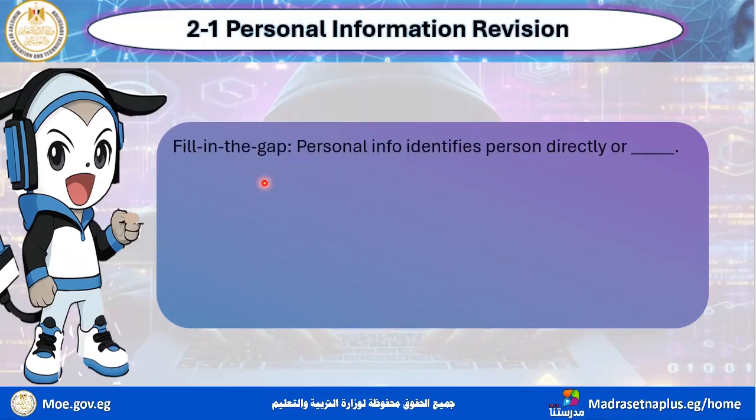Fill in the gap. Personal information identifies a person directly or indirectly. So, personal information identifies a person directly or indirectly.